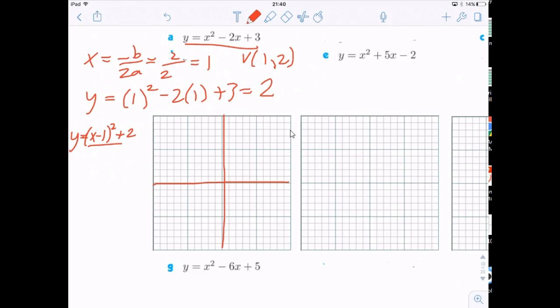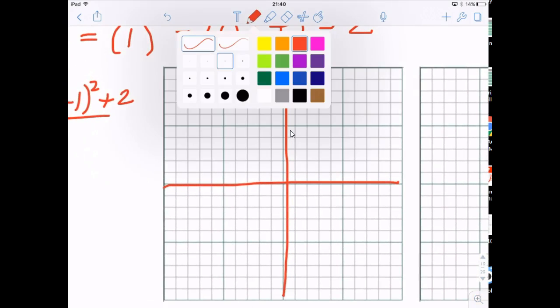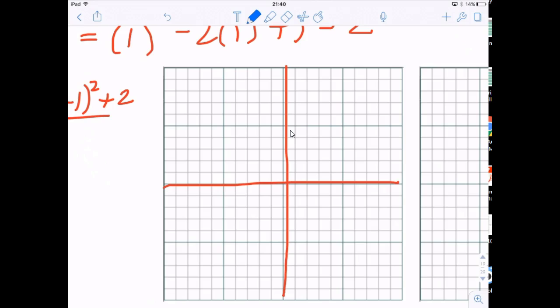So in this case, we have the vertex at positive 1 in the x direction, and plus 2 in the y direction.